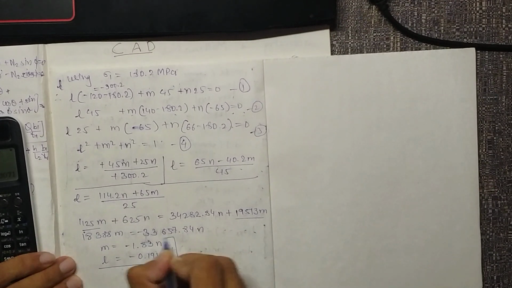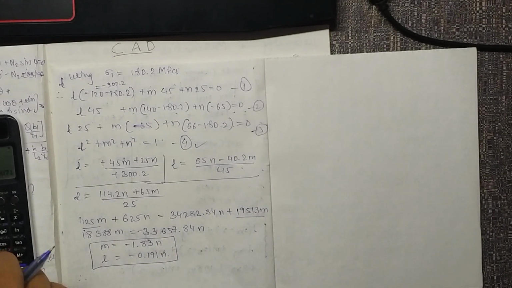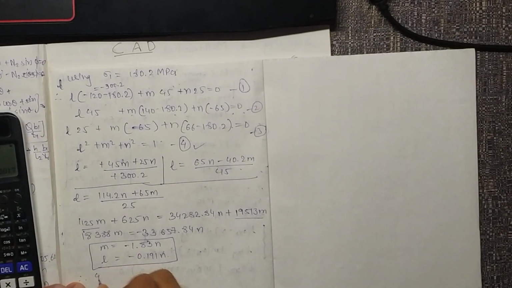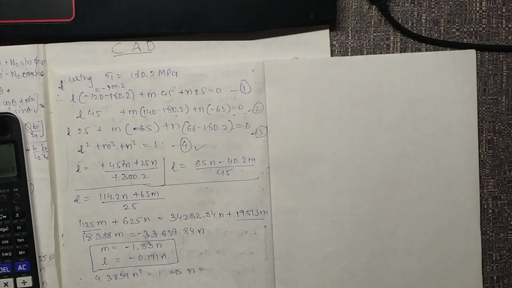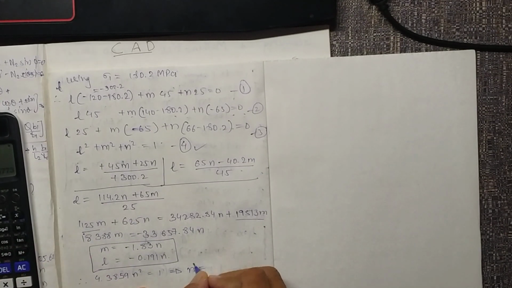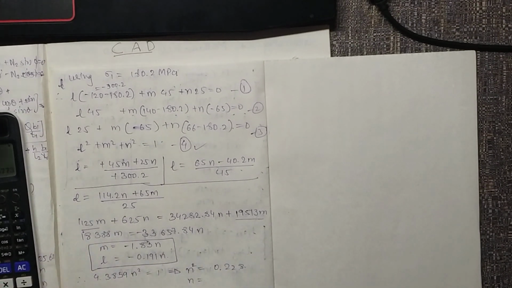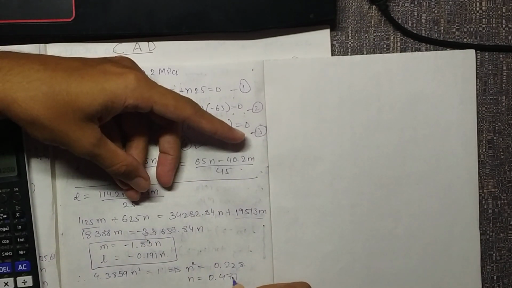So I will use these two in the fourth equation. Therefore L square plus 1.83 square plus 1 is equal to 4.3859 N square is equal to 1. N is equal to 0.4775.